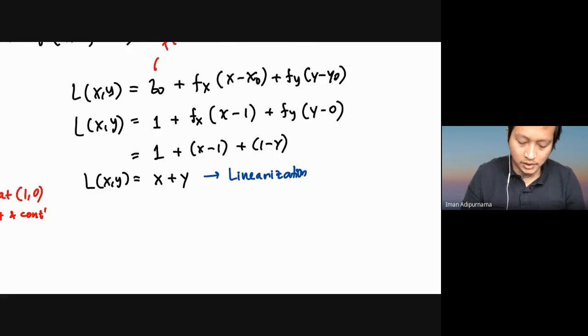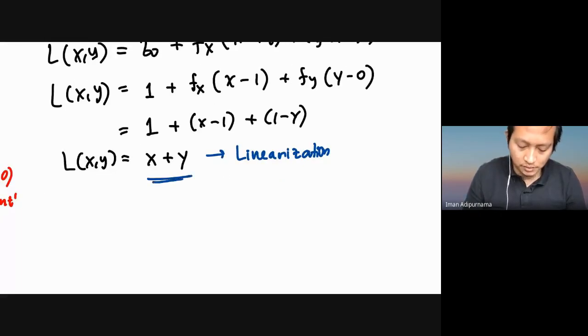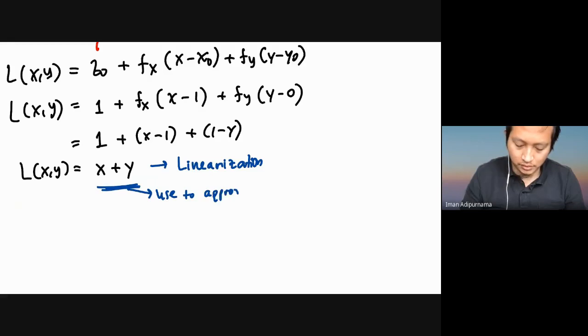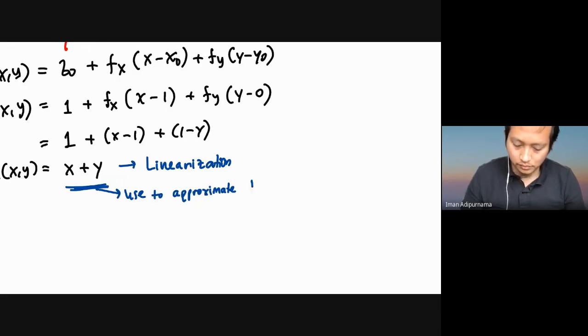So what linearization means, we can use these equations to approximate this coordinate.